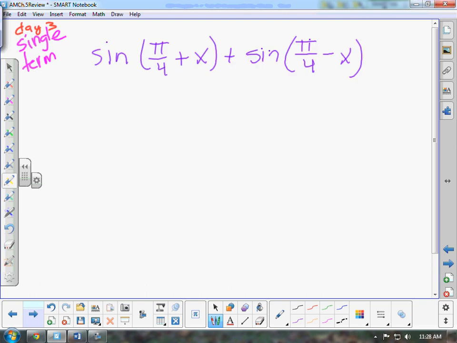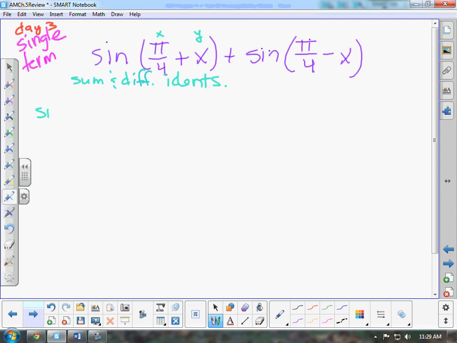Example 3 is sine of pi over 4 plus x plus sine of pi over 4 minus x. Here you have a couple of options. One is to use your sum and difference identities and take each part of that. So for sine of pi over 4 plus x, pi over 4 would be your x, and x would be your y.